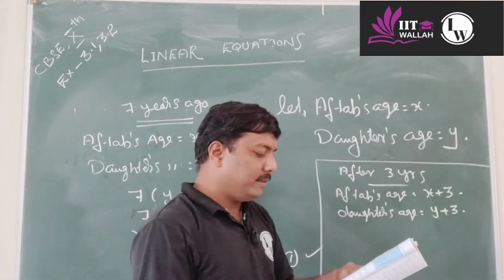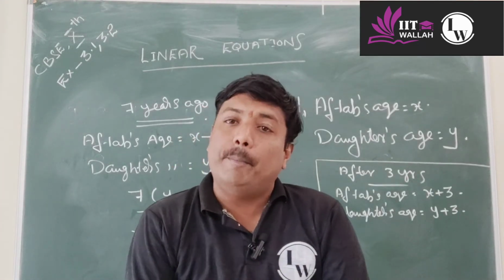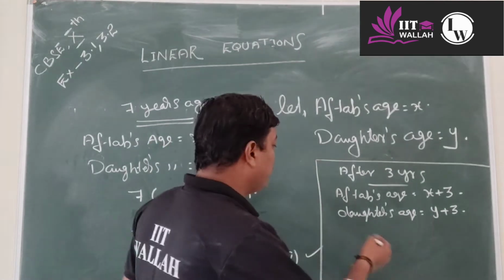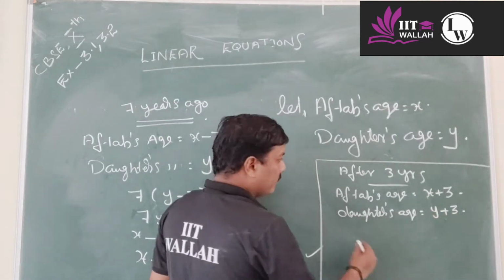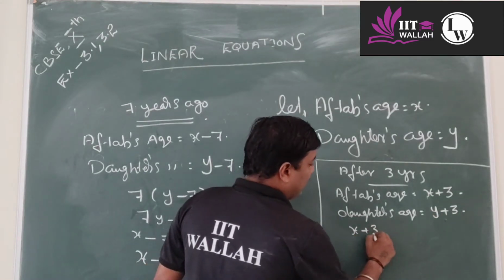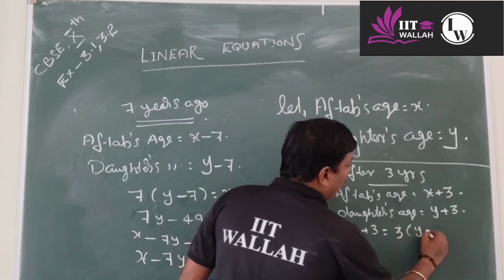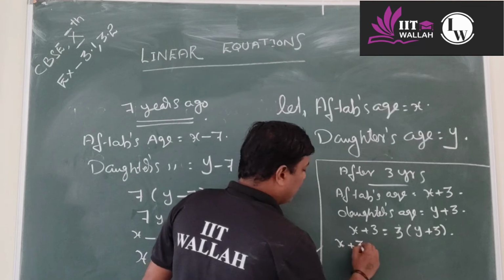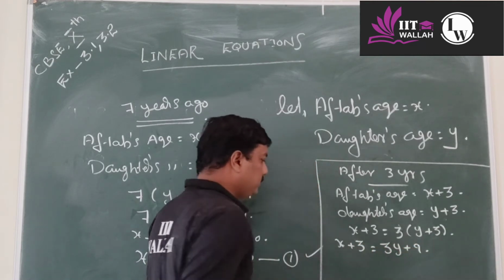And they are saying I shall be 3 times as old as you. That means this age will be 3 times this age. So x plus 3 is equal to 3 into y plus 3. So x plus 3 is equal to 3y plus 9.